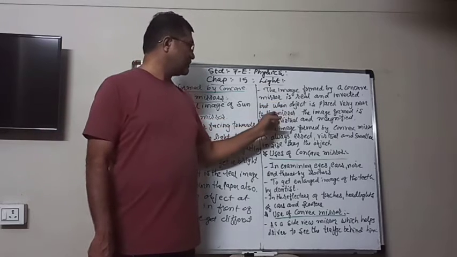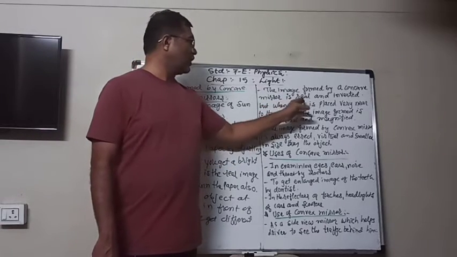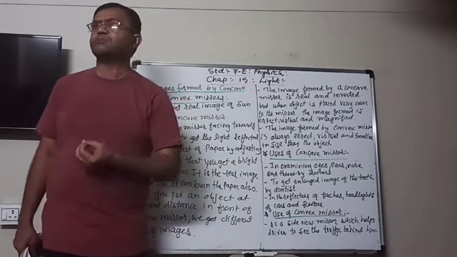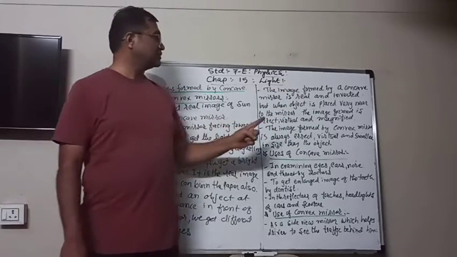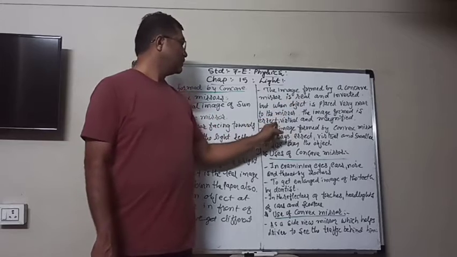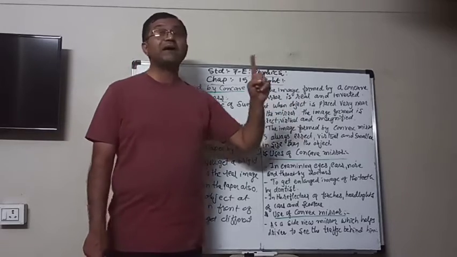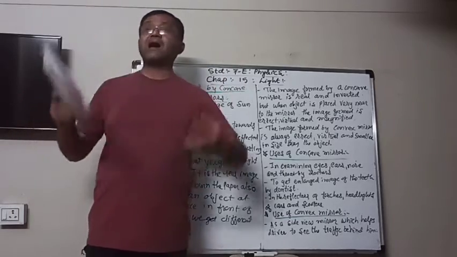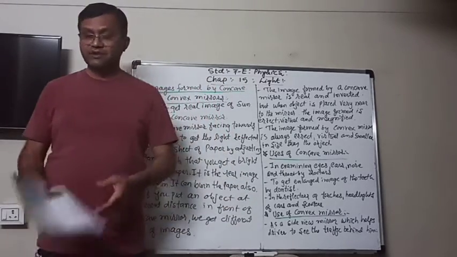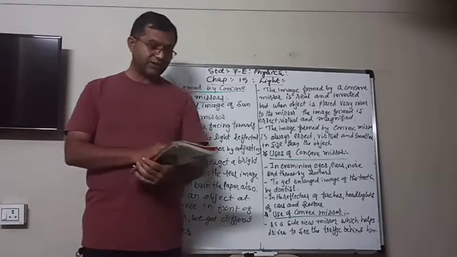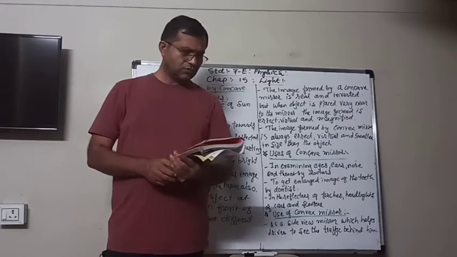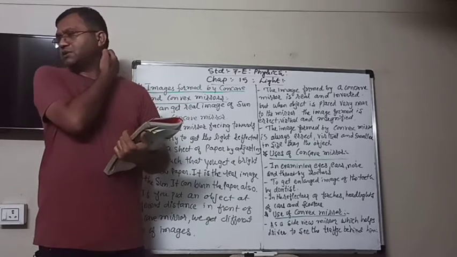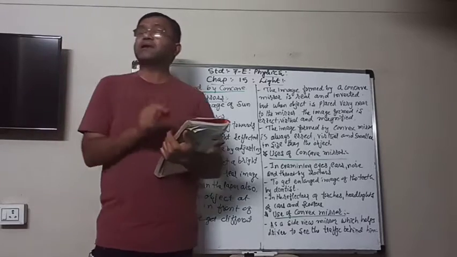But as I told you, when the object is placed very close to the mirror, you will get the erect, virtual and magnified image. Magnified means very large. So you can do this, but you need a concave mirror.